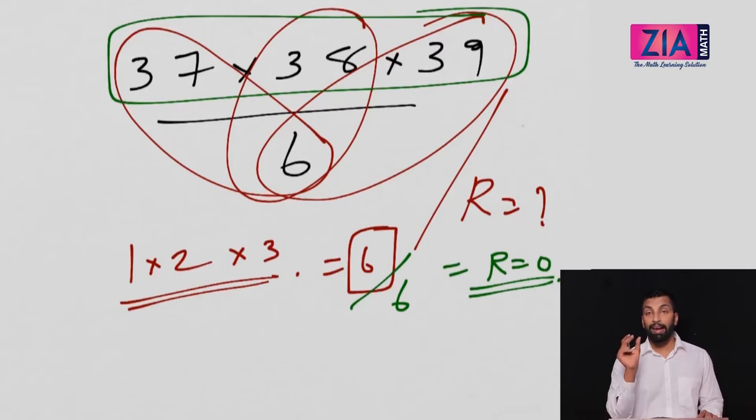Now instead of a factorized numerator, suppose you get a numerator as a sum of some numbers, like a sum of 3 numbers or a sum of 4 numbers. Here you got a product of numbers, that's why we are saying factorized. So instead of the product of 3 numbers, if you were getting the sum of 3 numbers, let's take the same example but just put plus instead of multiplication.